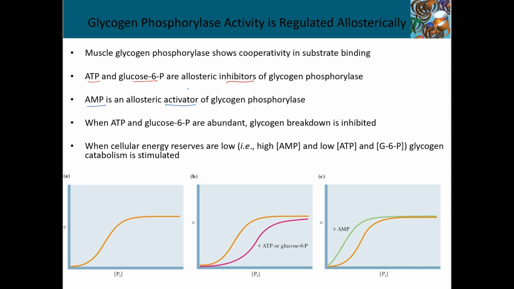So it's incredibly important that in the presence of AMP, glycogen phosphorylase activation increases substantially to liberate as much glucose 1-phosphate from glycogen as possible.